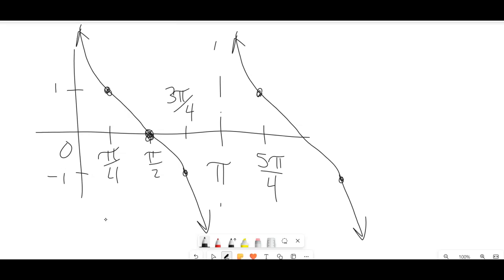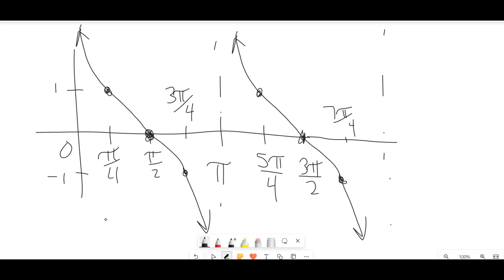At pi over 2 plus pi, which is 3 pi over 2, you'll be back on the midline again. And 3 pi over 4 plus pi is 7 pi over 4, where you'll be back to negative 1. At 2 pi, adding pi again, will be another vertical asymptote, and then you'll be able to start it over. Just keep adding pi, and you'll do that over and over again for the cotangent function.